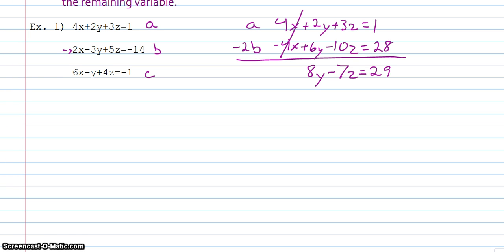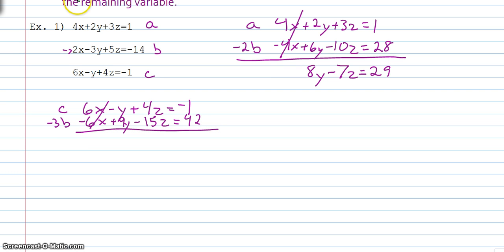Now I need to use equation B to get rid of that x variable again, but this time in equation C. So I'm going to rewrite my equation C. And then this time, in order to get rid of the 6, I'm going to multiply by negative 3 for my B. Once again, we are adding. 6x minus 6x is 0, so those drop out as we intended.